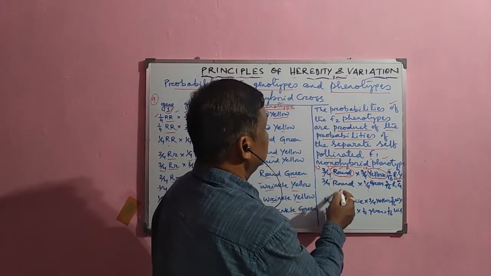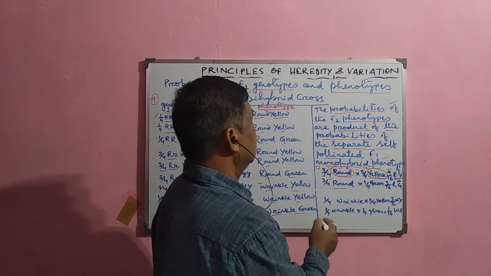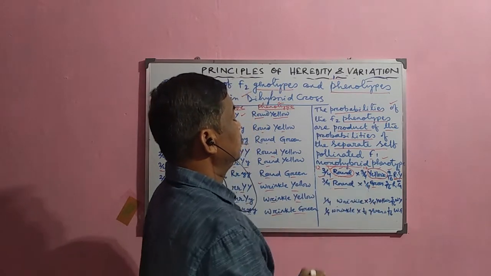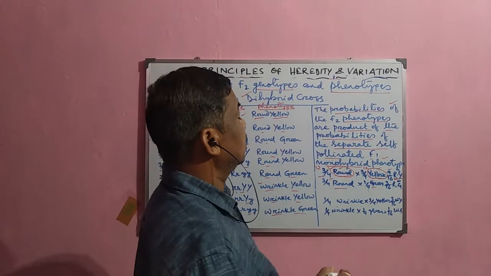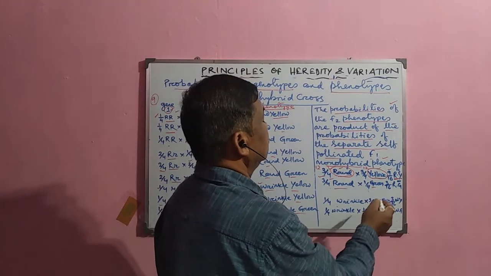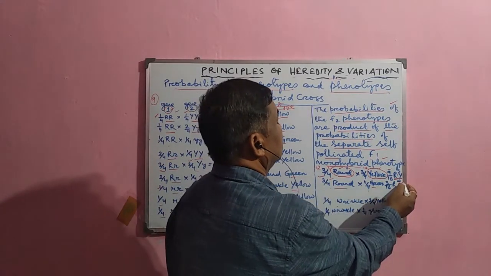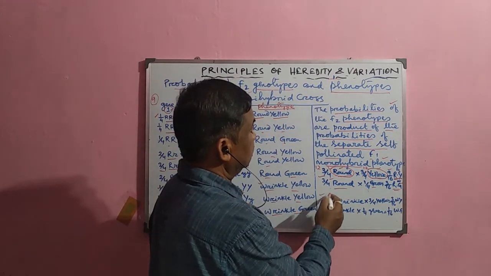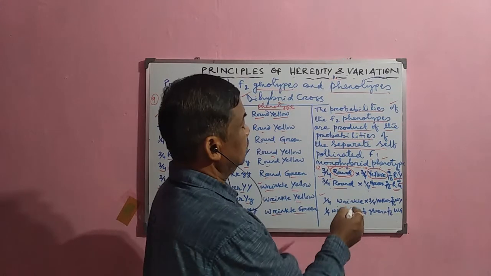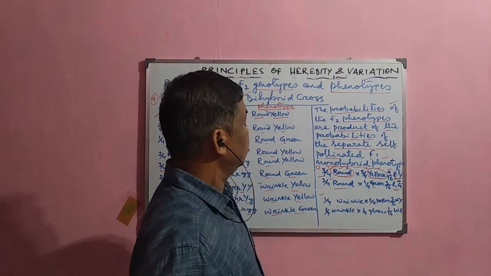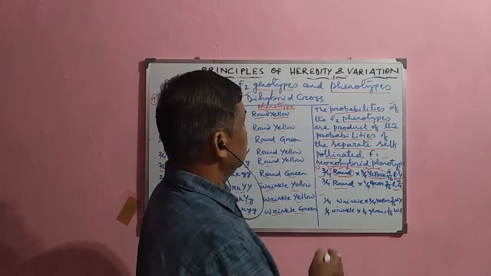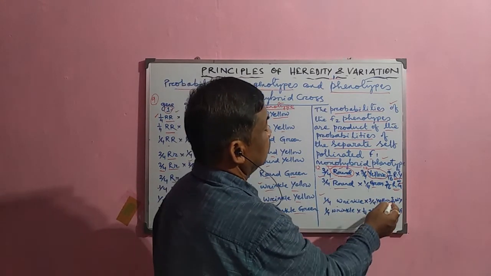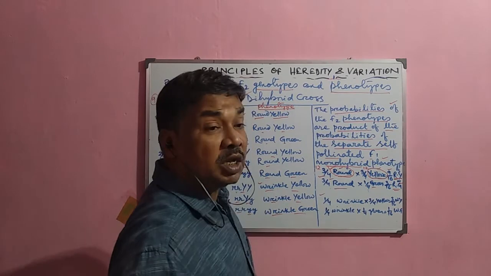Now here it is round having 3 by 4 and green having 1 by 4. Now total round green, how many? Round green type is 3 by 16. Now here a wrinkle 1 by 4 and yellow 3 by 4. Then it is 1 by 4 into 3 by 4. That is your 3 by 16.